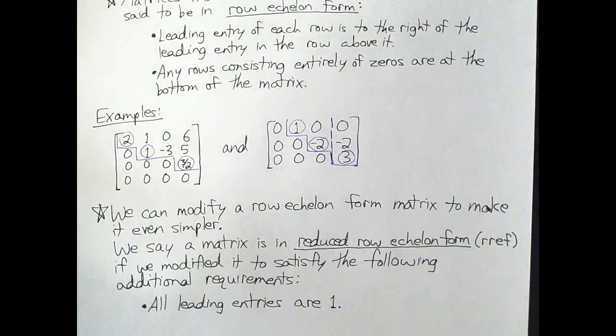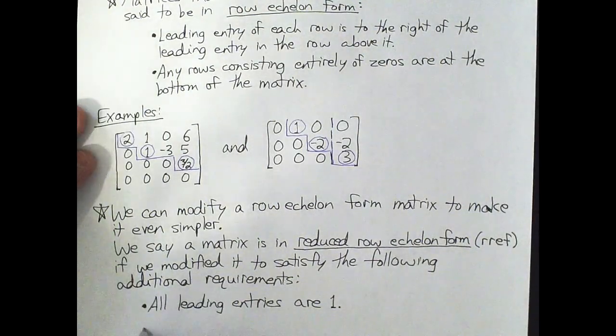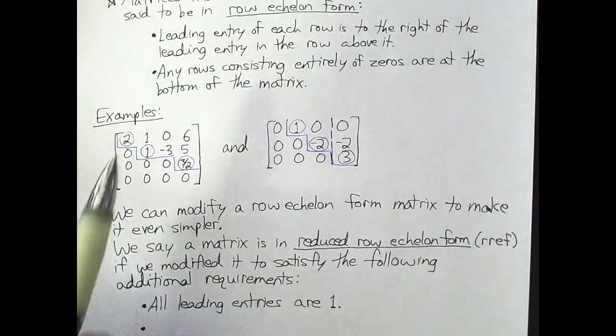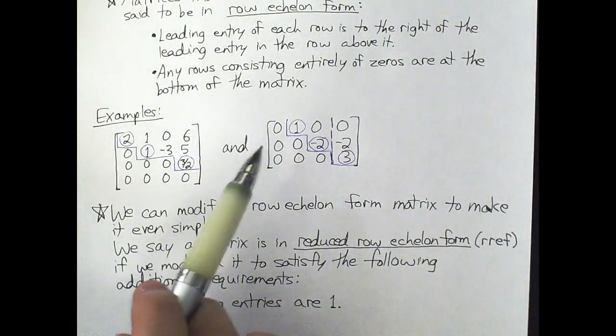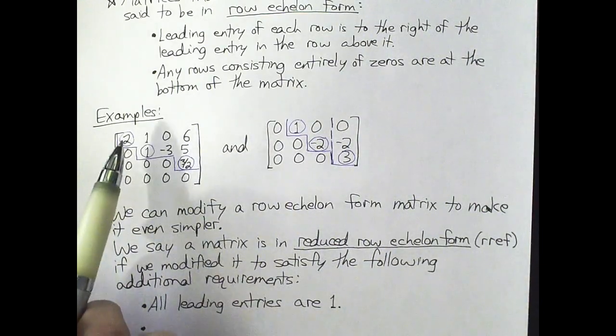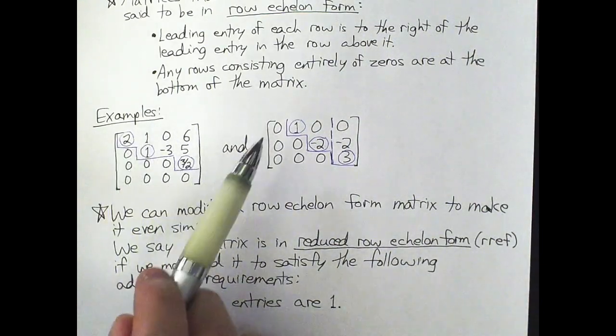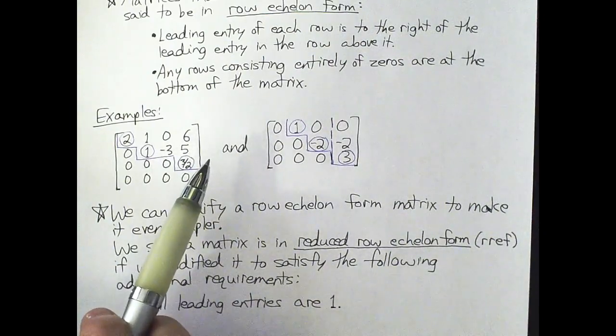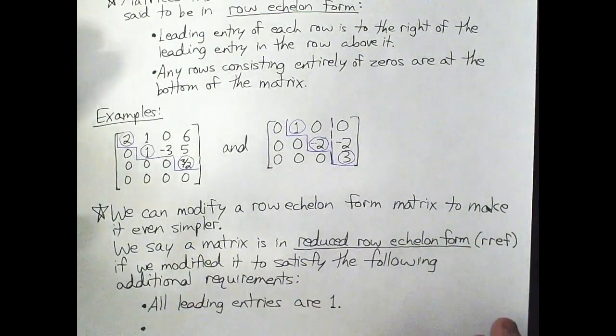Okay, I think you could see that that is true for some row echelon form matrices, but it's not true for all of them. There's another requirement I have to tell you about. Real quick, before I tell you the other one, I just want to say, I circled the leading entries in some of these examples. These are not all 1s. So these are row echelon form, but they're not reduced.